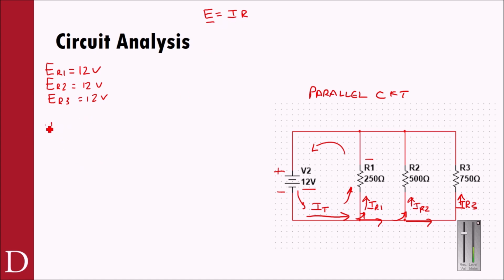So if I want to calculate IR1, if I redo this formula, I equals E over R. So IR1 equals 12 volts divided by 250 ohms. So 12 divided by 250, I get 0.048.